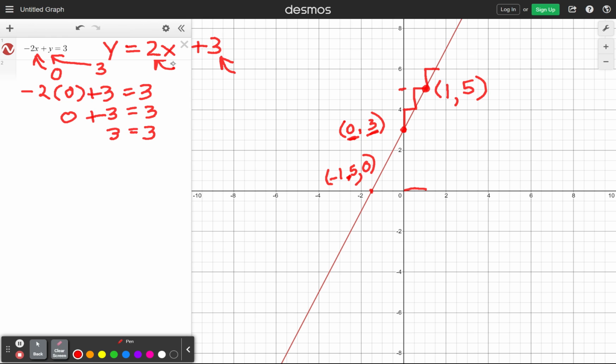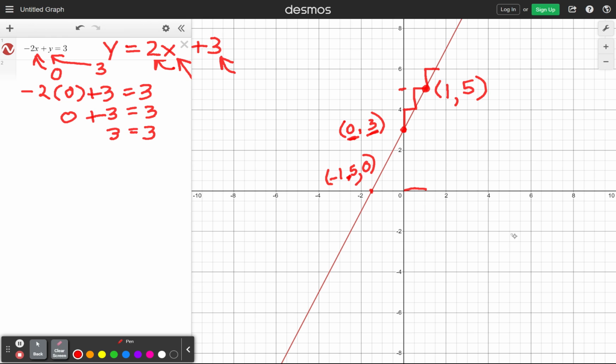So if we did that, if we put the 1 in for x right here, we would have 2 times 1. Well, 2 times 1 is 2. 2 plus 3 is 5. So we would get 5 equals 5. The y would be 5 on the left, and on the right we would have 5.